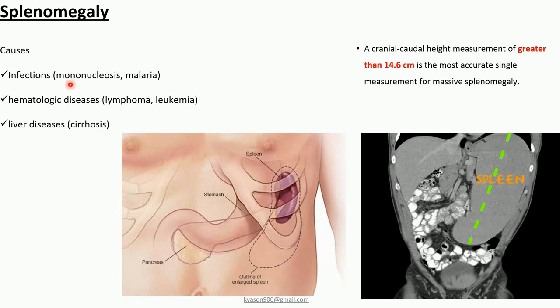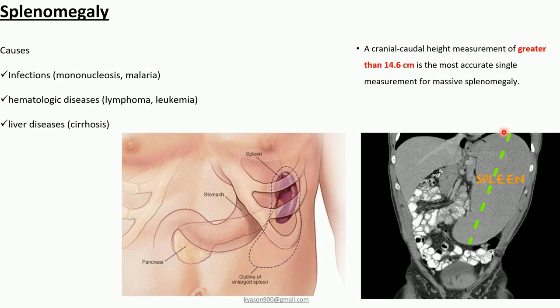Then I've mentioned this condition, infectious mononucleosis, or what you can also call the kissing disease, caused by the Epstein-Barr virus. It can also increase chances of splenomegaly, and then splenic rupture, as I explained. So in patients with splenomegaly, of course, the craniocaudal length is going to be more than the normal.